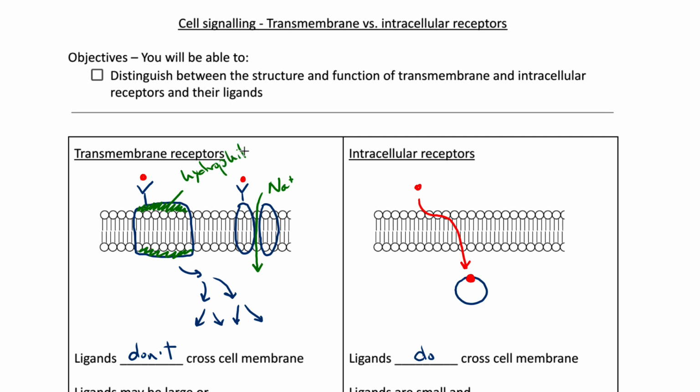So hydrophilic amino acids on the parts that are in the aqueous solution outside and inside the cell, whereas the parts in the membrane itself, in the phospholipid bilayer, are going to have hydrophobic amino acids to help it embed in the membrane. So transmembrane receptors are embedded in the membrane, intracellular receptors are in the cytoplasm or the nucleus.